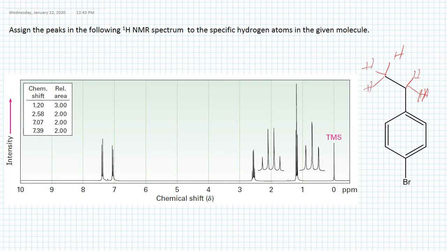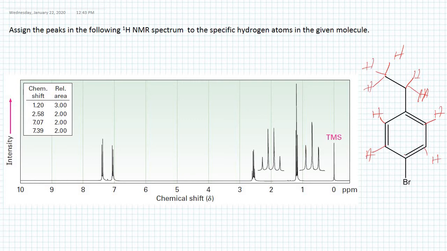And then on the ring we have aromatic hydrogens here and here. They are symmetric, so we expect that they will appear at the same place, or they will be equivalent in the NMR spectrum. And next we have again 2 equivalent hydrogens on these carbons. Then on the last carbon we don't have any proton.